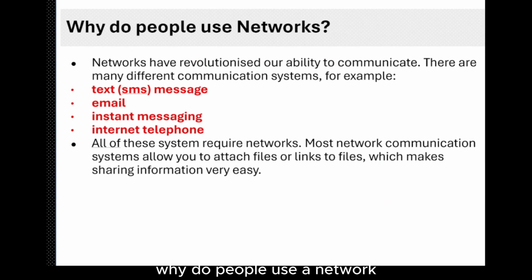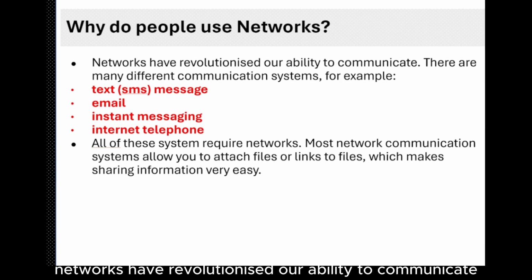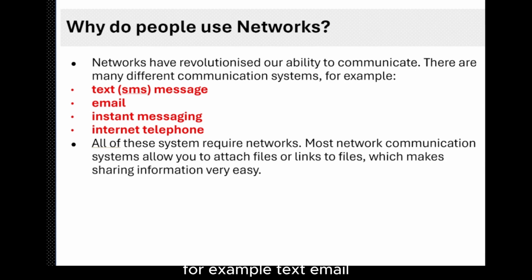Next, it is saying, why do people use a network? Networks have revolutionized our ability to communicate. There are many different communication systems, for example, text, email, instant messaging, internet. All of these systems require networks.